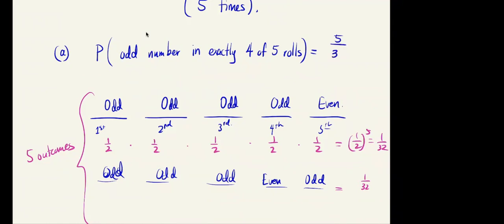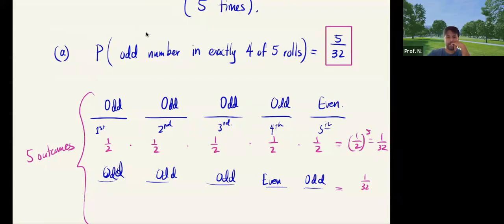Mir, you have a question? Yeah, can we just find all the ways in which we get 4 odd numbers and then subtract from that all the ways in which we can get 5 odd numbers? Why do you want to subtract them?